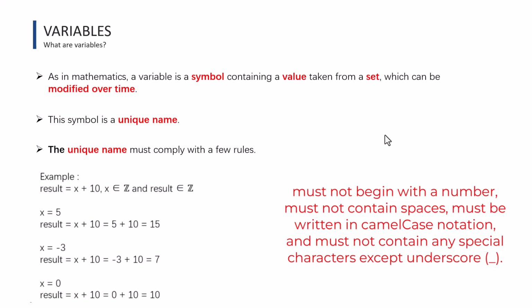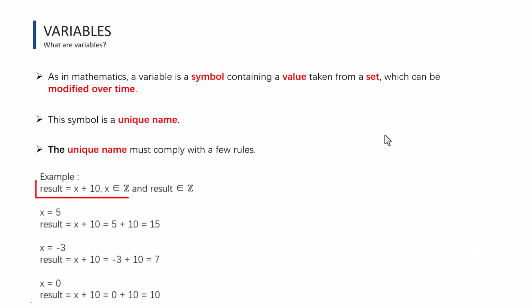As an example, let me just take, as in mathematics, a simple equation: result equals x plus 10, where x is a relative number and result will also be a relative number, because it's the addition of a relative number with an integer number. In the first case, if x takes the value of 5, result will be 5 plus 10, which gives 15.